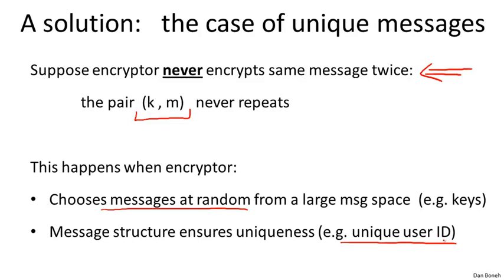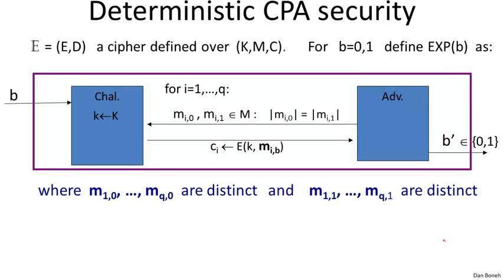Okay, so these are two reasons why messages might never repeat, and this is a fairly reasonable thing that actually does happen quite often in practice. So now, if the messages never repeat, now maybe we can actually define security and actually give constructions that satisfy our definitions. So this motivates the concept of deterministic chosen plaintext attacks, and let me explain what they mean.